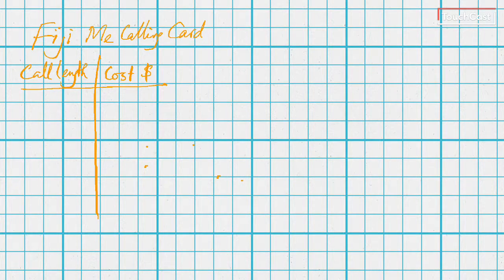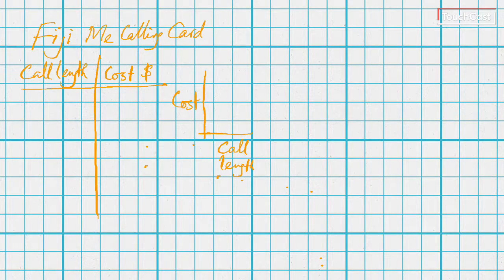Right? So we talked about it. The cost will go on the vertical axis, which we call a response variable or dependent variable, and the call length will be the horizontal axis.